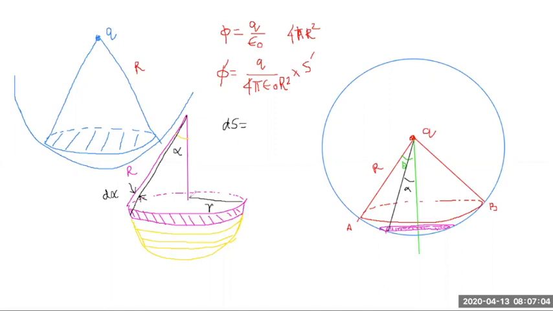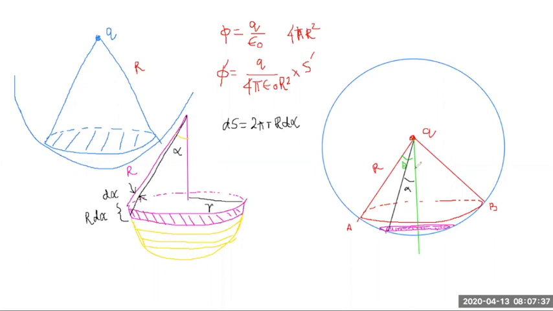So this thickness is r d alpha, because this angle is d alpha. So dS is basically 2 pi r times R d alpha. To get S dashed, we need to integrate this.